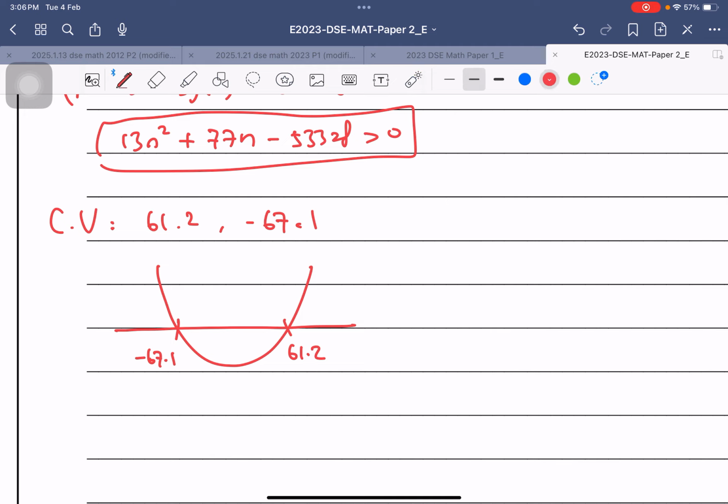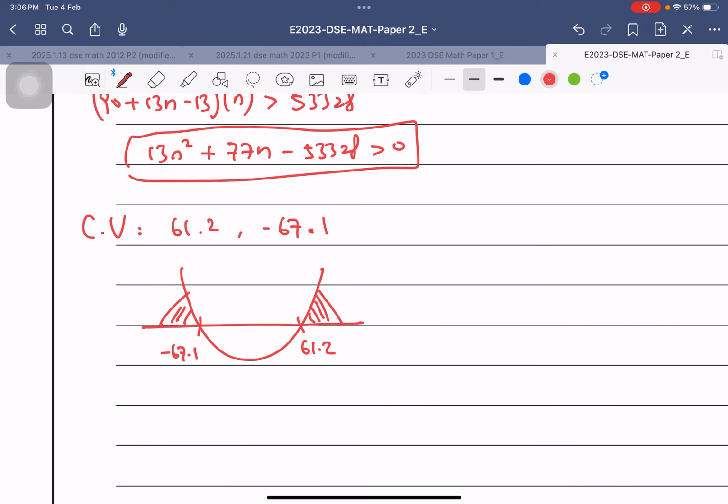This and this. But this is the value of n. Can n become a negative number? No. So you need to reject the negative. So the answer must be n is greater than 61.2. But n should be an integer. So n must be greater than 61.2. So the next number must be 62.